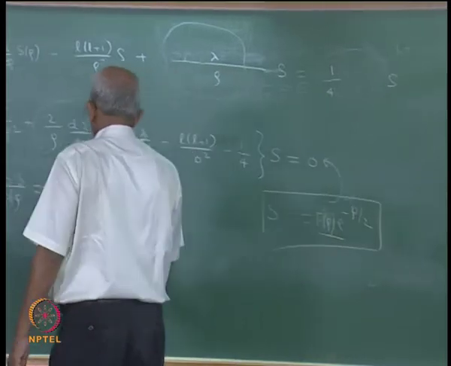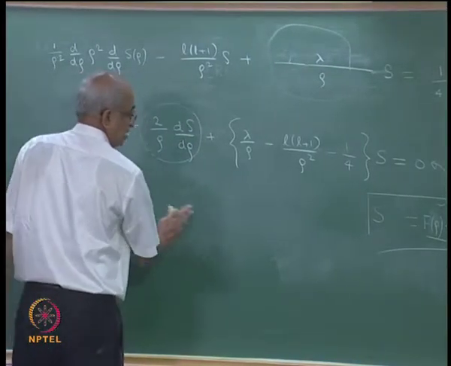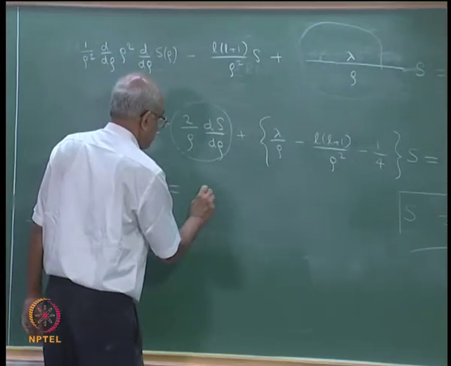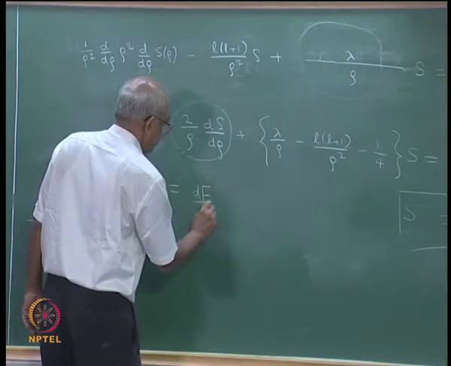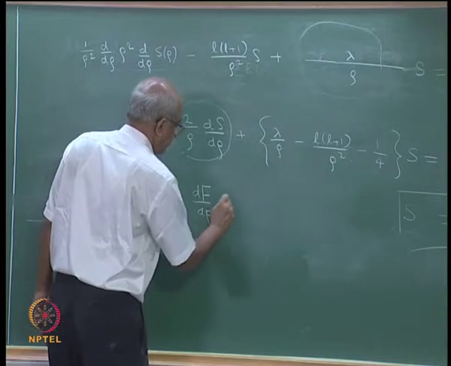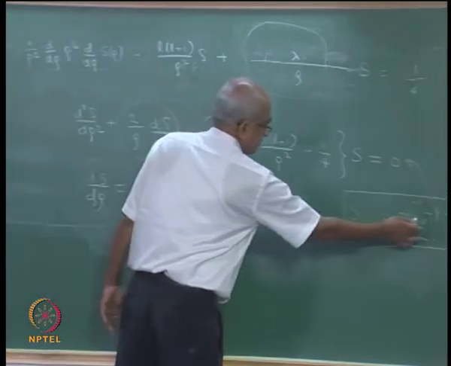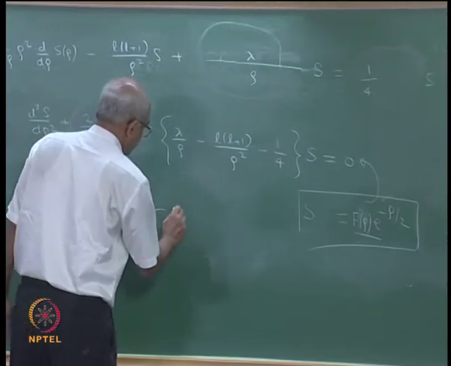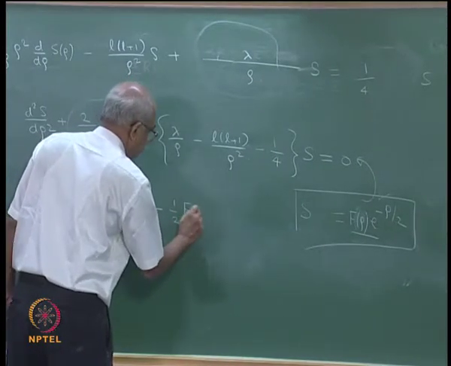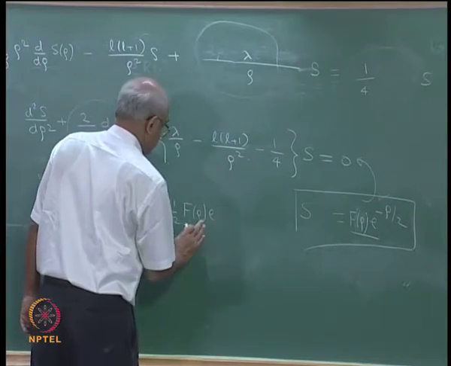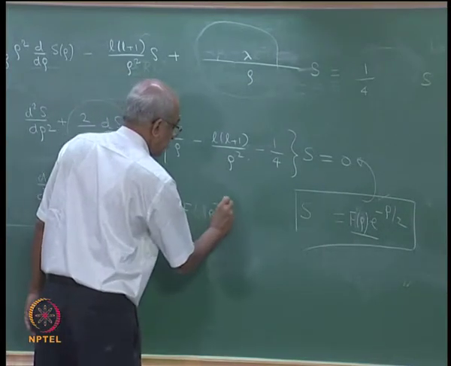So, what will be the derivative? First I will differentiate F, I am going to get dF by d rho e to the power of minus rho by 2, minus, then I will have to differentiate the second term, that is going to give me minus 1 by 2 F of rho e to the power of minus rho by 2.